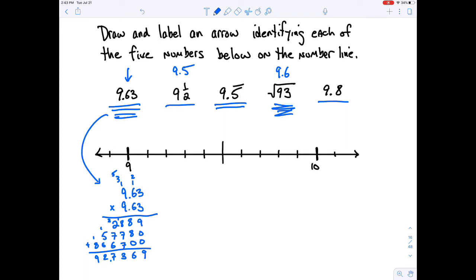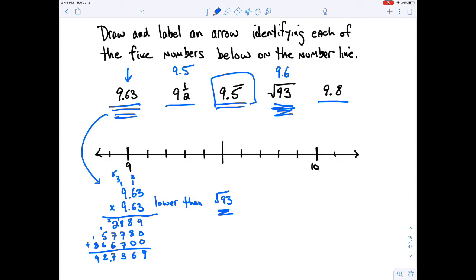I'm going to notice that my 9.63 is lower than the square root of 93. So we could say that the square root of 93 is bigger than 9.63. Now, the other number that it was close to is 9.5 repeating, but if the square root of 93 is bigger than 9.6, it's going to also be bigger than 9.5 repeating, so there's no reason to work on that one. In which case, we're pretty much done here.